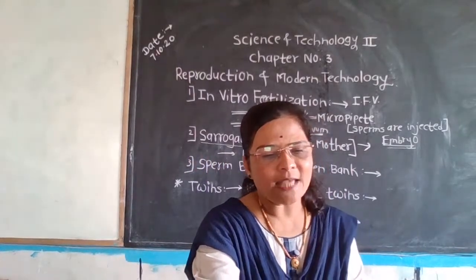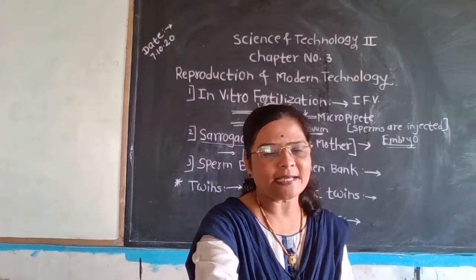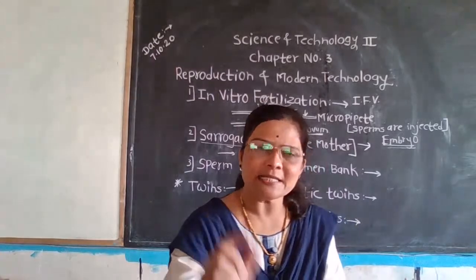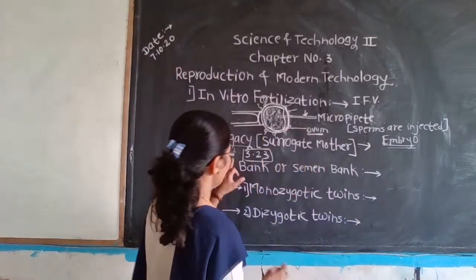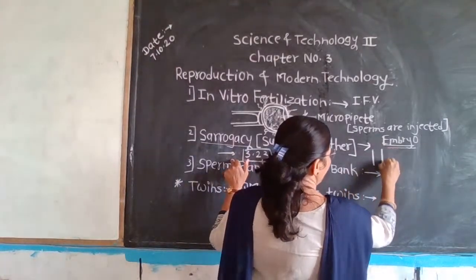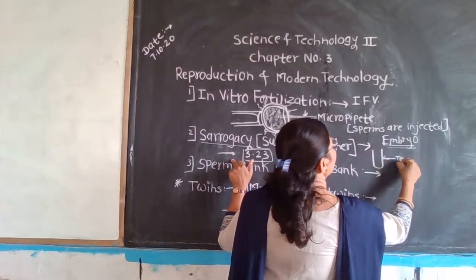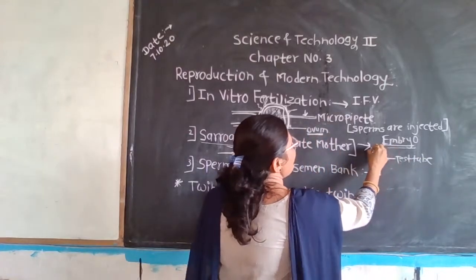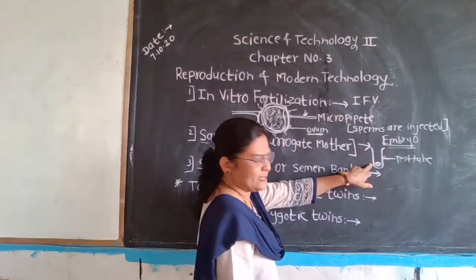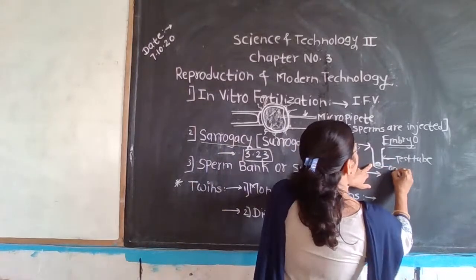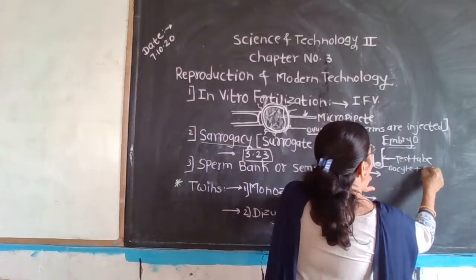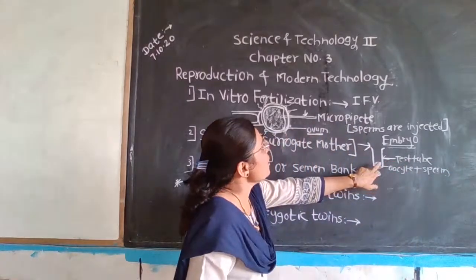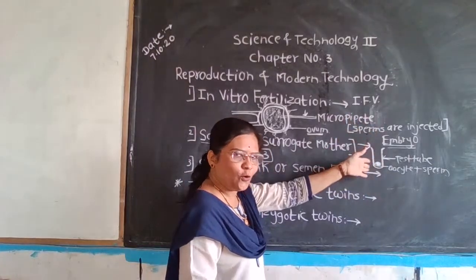Students, in this technique, the oocyte is collected from the ovary of a woman, and that oocyte is fertilized in a test tube. The fertilization of the male and female gamete takes place, that is the ovum or the oocyte and the sperm, and here the embryo is formed inside the test tube.